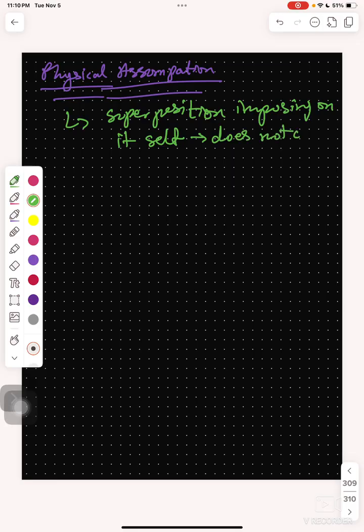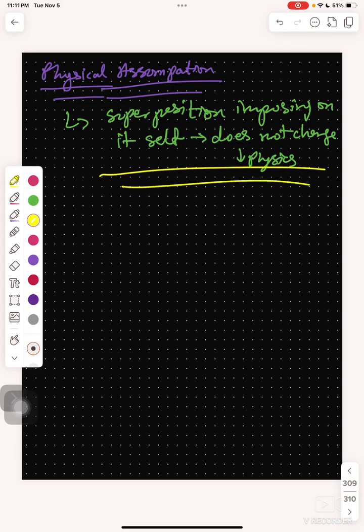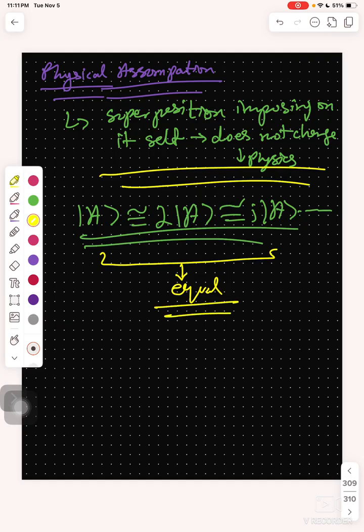Then what are we talking about? We say that any state, no matter what it has, they are all equal. How could we illustrate it?